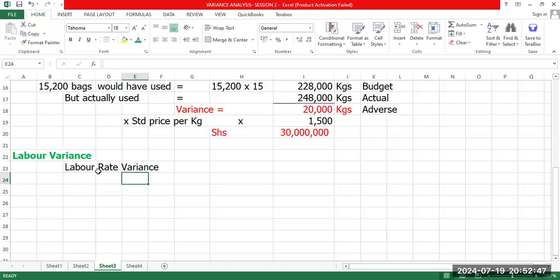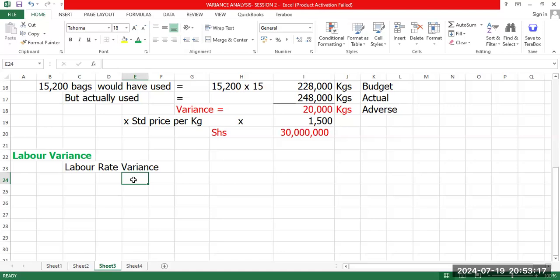Labor rate variance is based on what they want to pay. The companies always have their standards, but you find that actually they paid different money. In a situation where what you are actually paying is different from what you had initially planned to pay, then the difference is your variance.